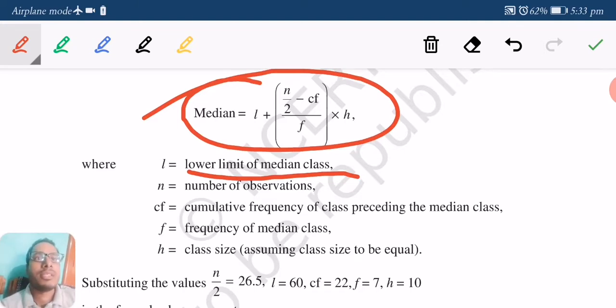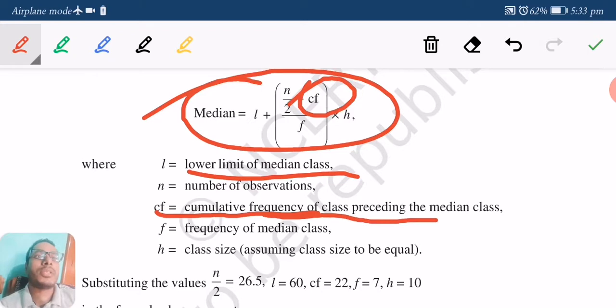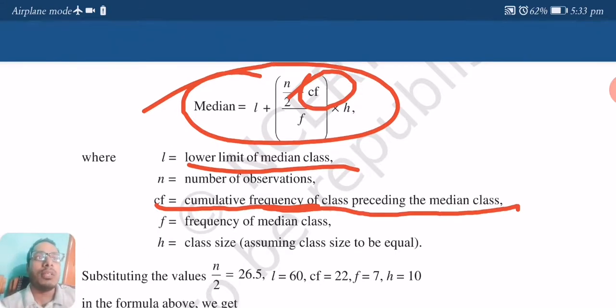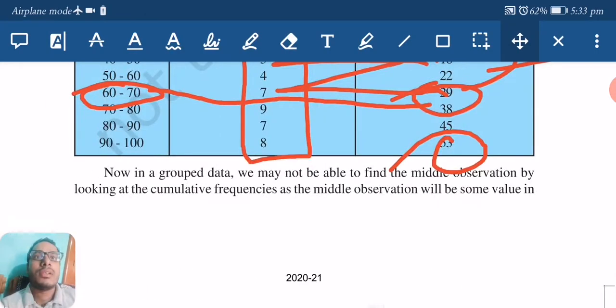N is the same, that is the number of observations, which you can get from the last number of cumulative frequencies or by adding the total number of frequencies. CF, if you see here, CF is the cumulative frequency of the class preceding the median class. So 60 to 70 is the median class.